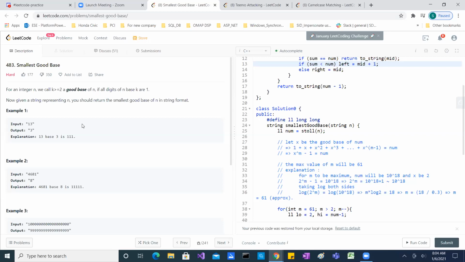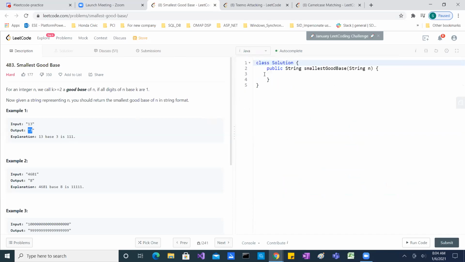So if you are given an input like 13, why is the output 3 in this case?